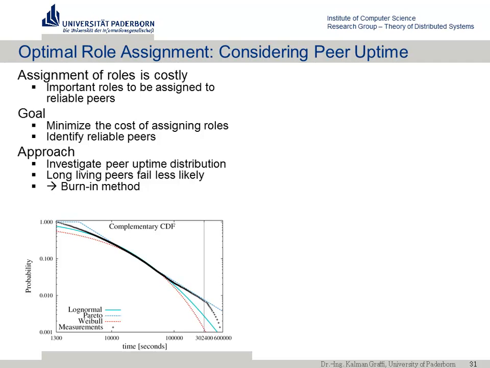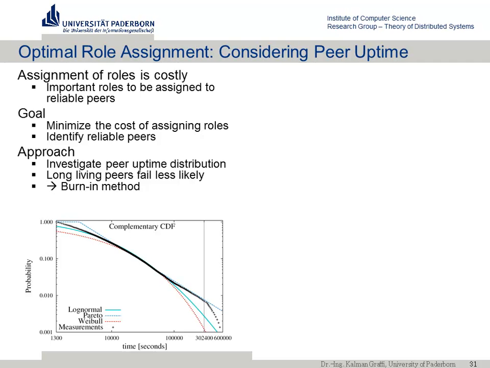One observation is that if you consider the peer uptime distribution, peers that are already long living are less likely to fail. That's called the burn-in method.